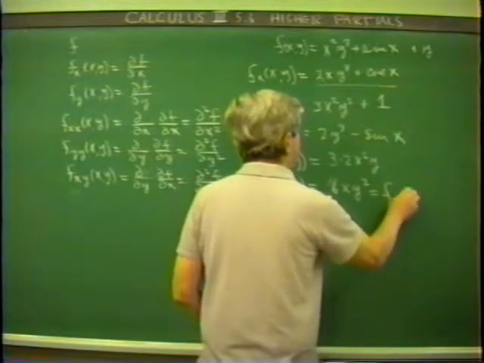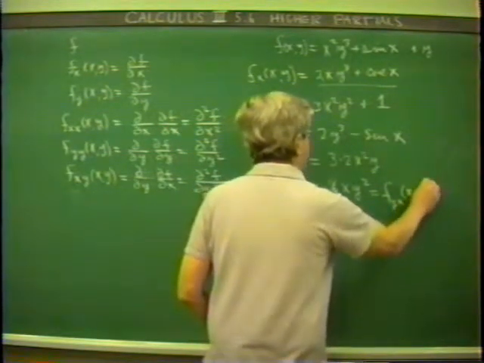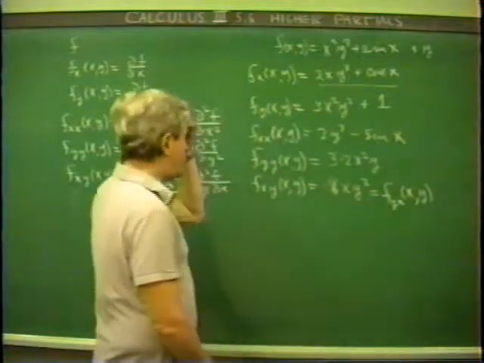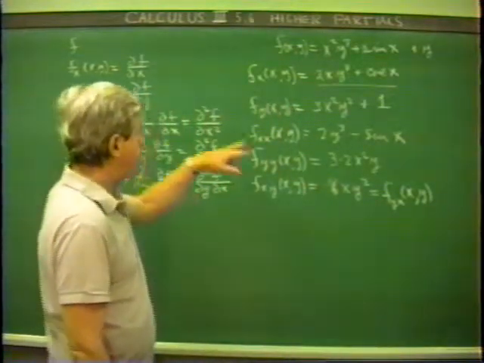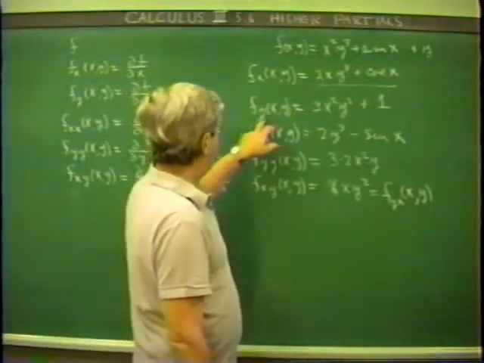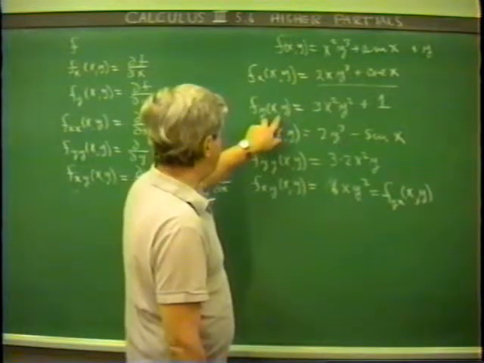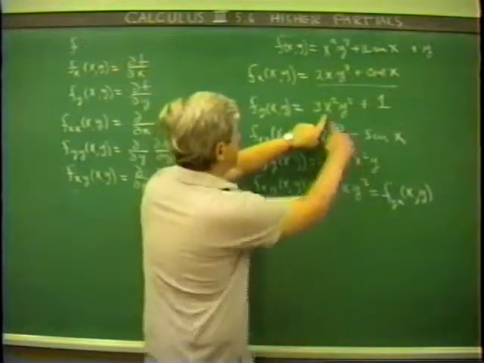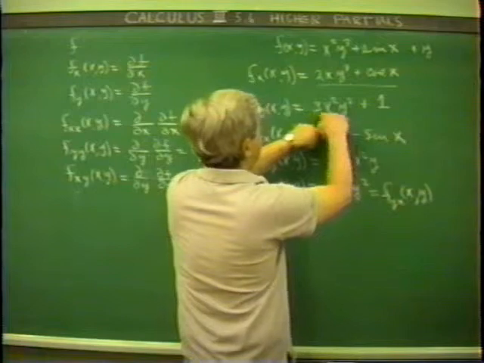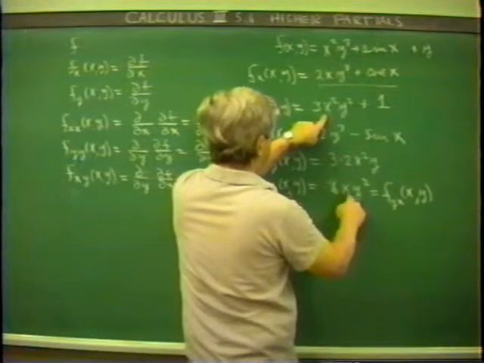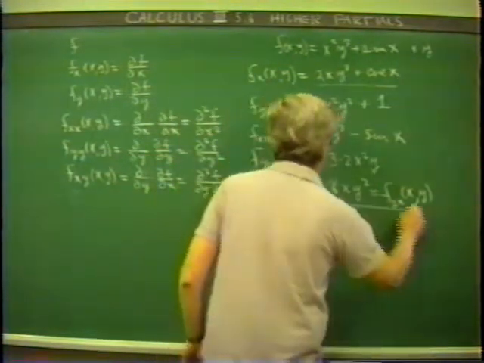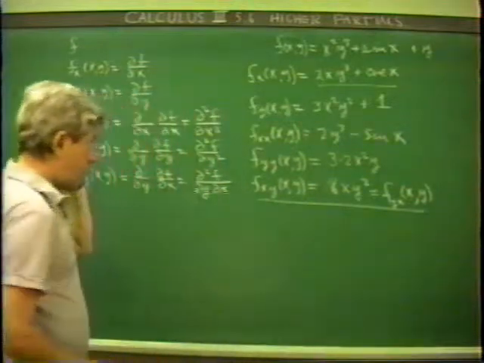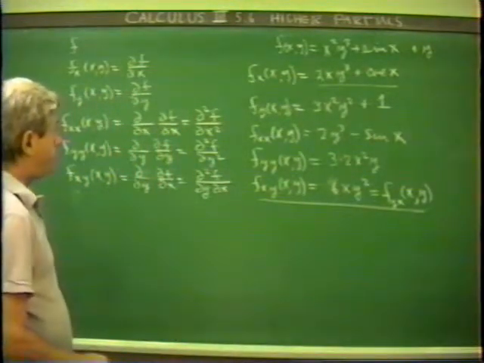Now, suppose instead we took the partial with respect to y first, and then with respect to x at x and y. I just said that these should be equal, and if we take the partial with respect to y first, now we take the partial of this with respect to x, what do we get? The partial of this is 0, and we get 6xy squared. So these are equal here.